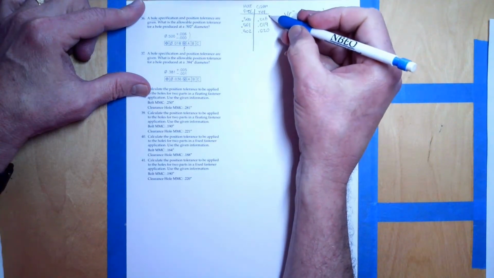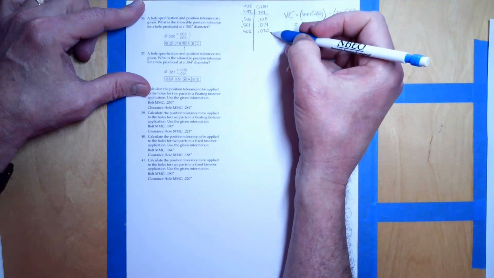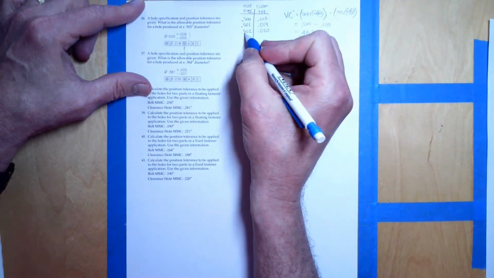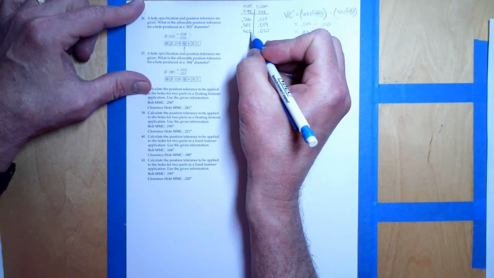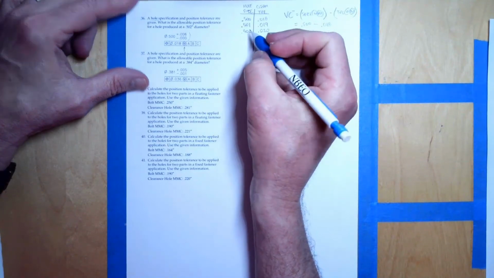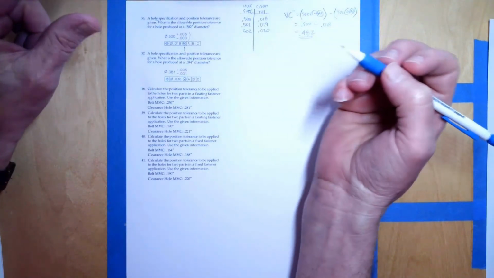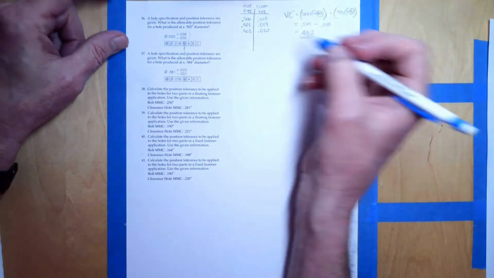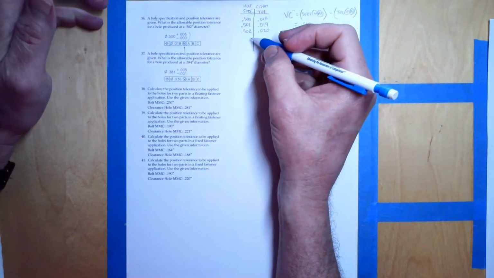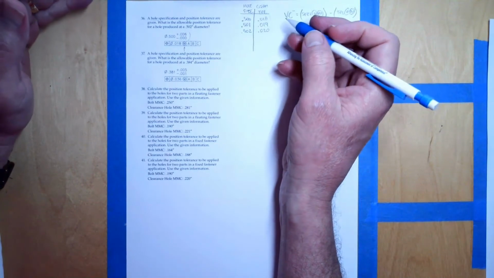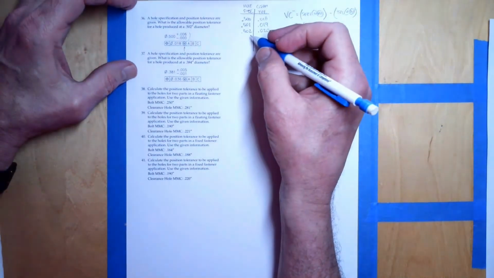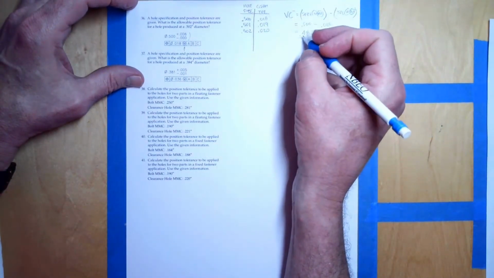Notice how the allowable positional error increases. As we make the hole larger, the idea is that it can fit a pin easier, right? If you produce a larger hole, the pin is going to be easier to get into, a pin of whatever fixed size.